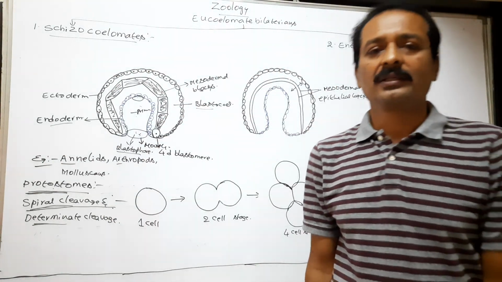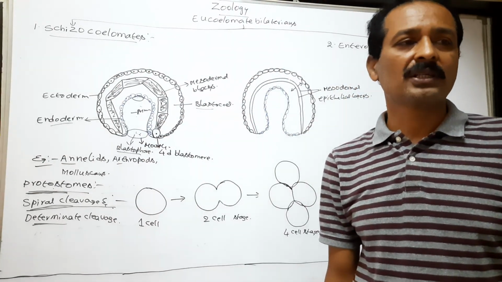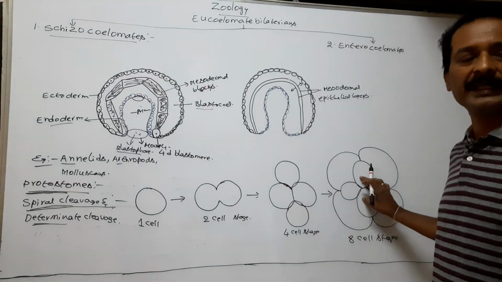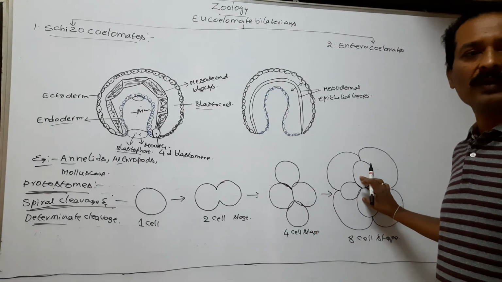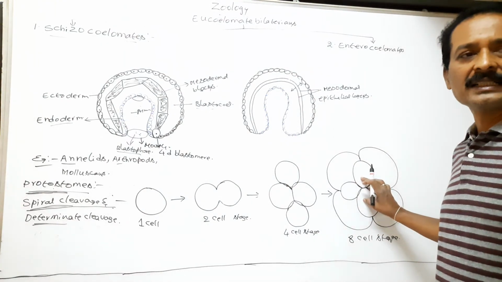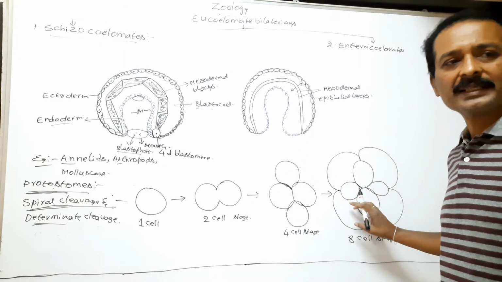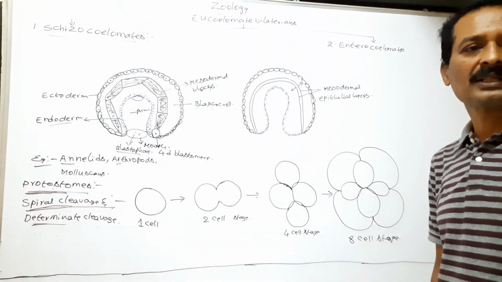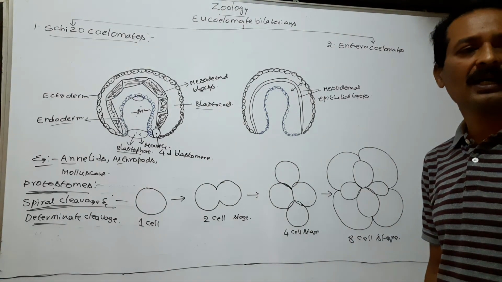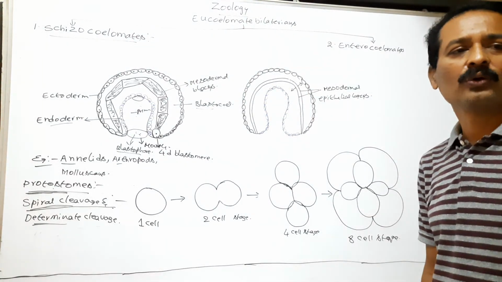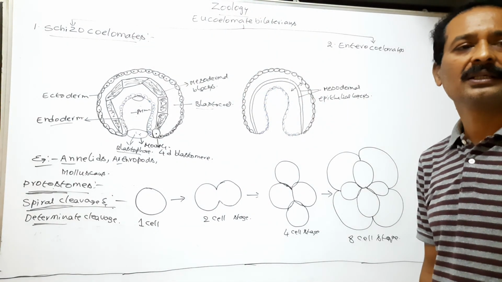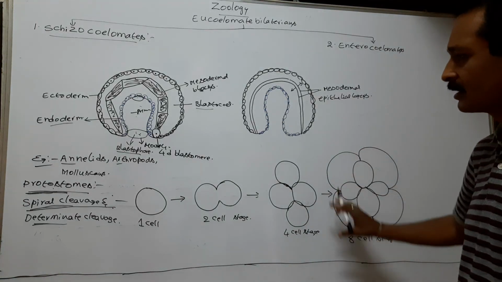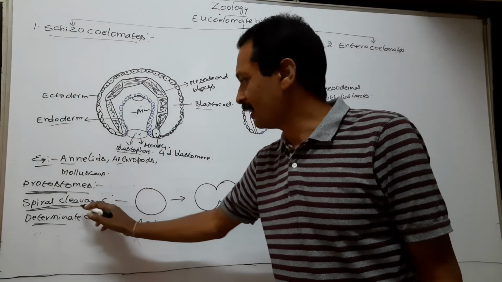The arrangement of the blastomeres of each upper tier over the cell junctions of the next lower stage, so that the blastomeres spiral around the pole to pole axis of the embryo. This type of arrangement is called spiral cleavage.